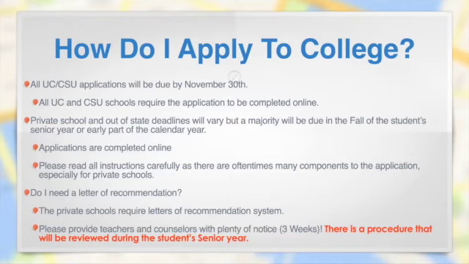Now, the letters of recommendation, it's so confusing because not everybody wants them. Overall, private schools are going to require letters of recommendation. So there is a very specific process at West Ranch on how to request those. And so it's really important, again, that you put this in your calendar, that you must provide teachers and counselors with plenty of notice. And we're talking a minimum of 3 weeks.